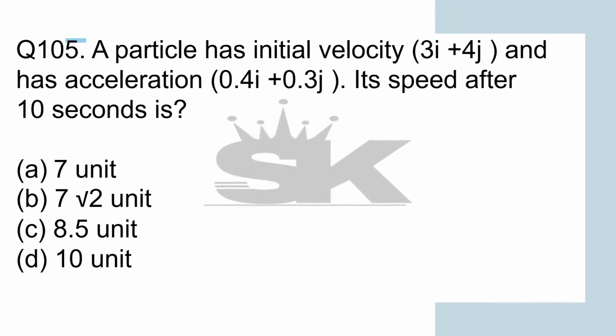A particle has initial velocity 3i plus 4j and has acceleration 0.4i plus 0.3j. Its speed after 10 seconds is: the options are 7 units, 7 root 2 units, 8.5 units, and 10 units, right? Okay, we will solve it.